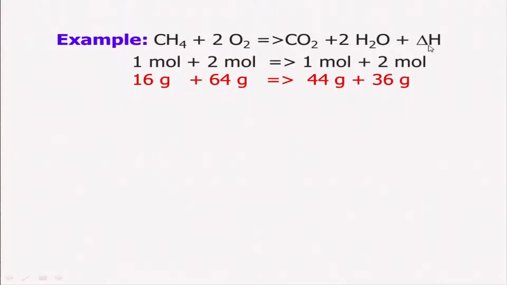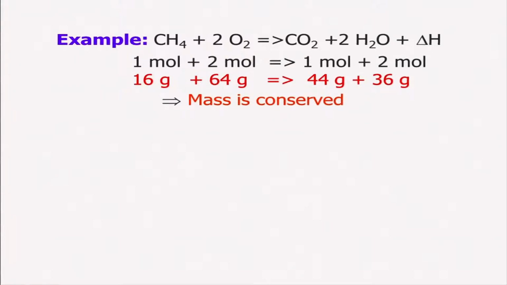Of course, in this example the moles are balanced, and so also the mass, because 16 grams of methane is reacting with 64 grams of oxygen, going to the product of 44 grams of carbon dioxide and 36 grams of water. So, in this case mass is conserved.